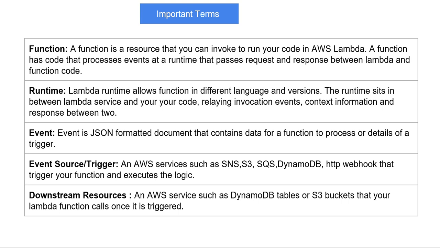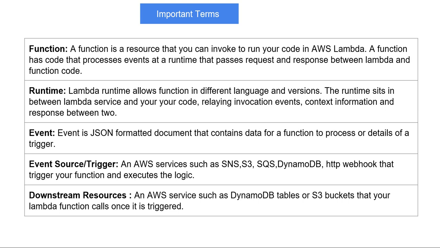A trigger can be any event, like uploading a file on S3 storage, or executing a Lambda function on a scheduled basis, like every 15 minutes, or running business logic on the hit of a web URL or a webhook. So these are the events.